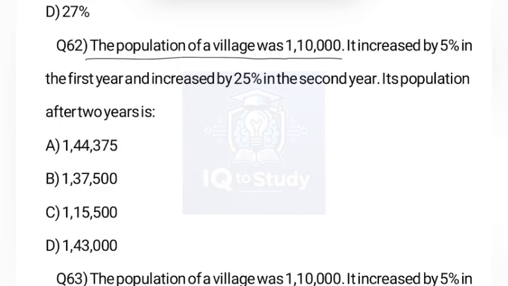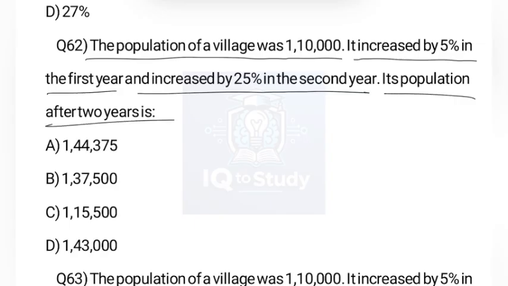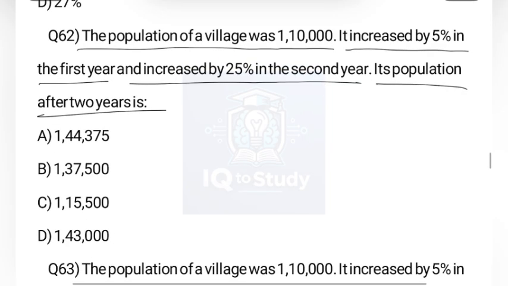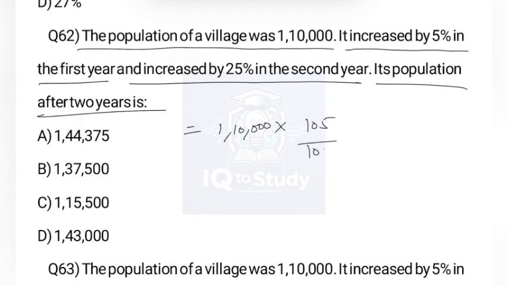The population of a village was 1,10,000. It increased by 5% in the first year and increased by 25% in the second year. Its population after 2 years is equal to 1,10,000 into 105 by 100, because of 5% increase, and 125 by 100, because of 25% increase.